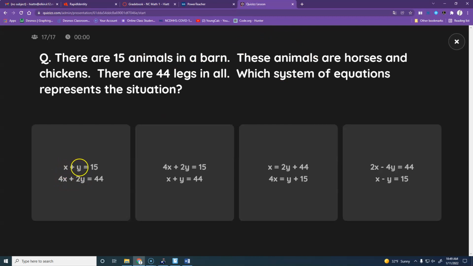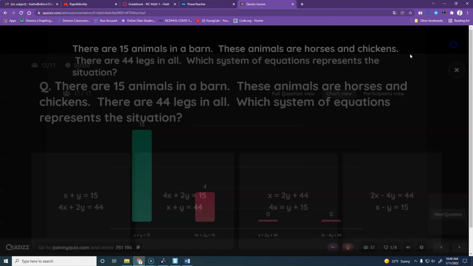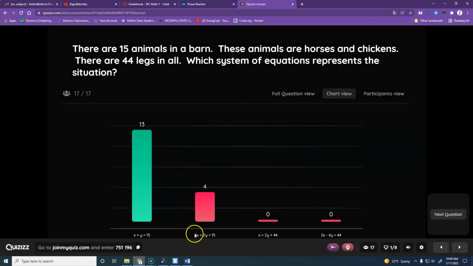So X plus Y is going to tell you total number of animals. Horses have 4 legs, so this must be our horses here. Chickens have 2 legs, so that's here. You got 44 legs total. Those of you that got it wrong, you had the 4x plus 2y equals 15. 15 is the total animals, not the number of legs. So you're just counting number of animals. Okay? Questions?